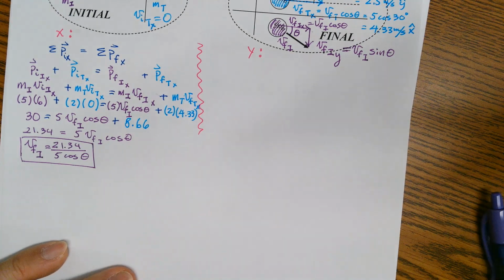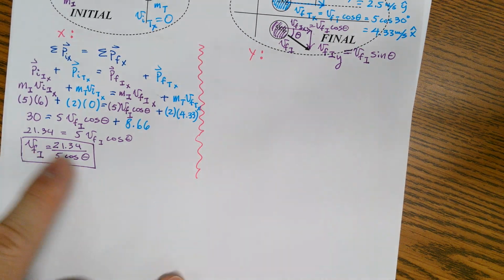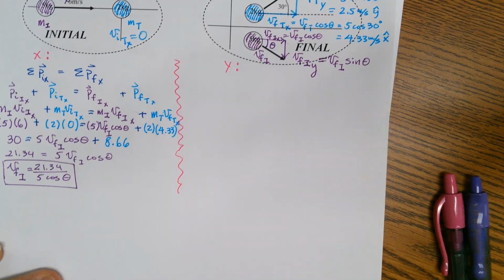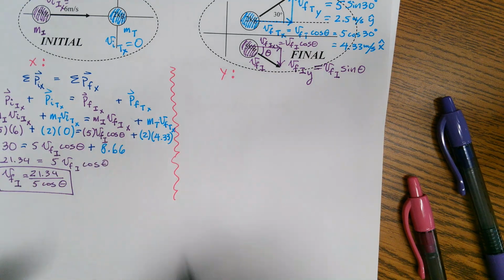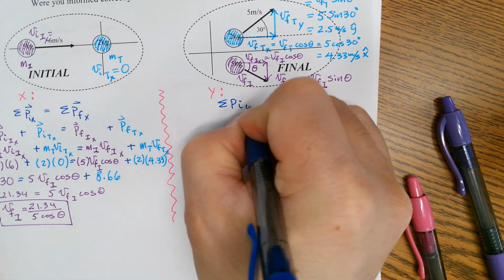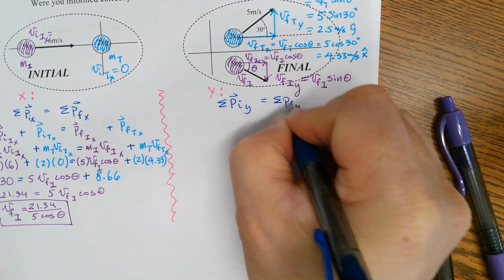All right. Now we're going to need a second equation that's going to have some of these two variables. So let's take a look at the y direction now. The sum of all momentum initial in y must equal the sum of all momentum final in y.